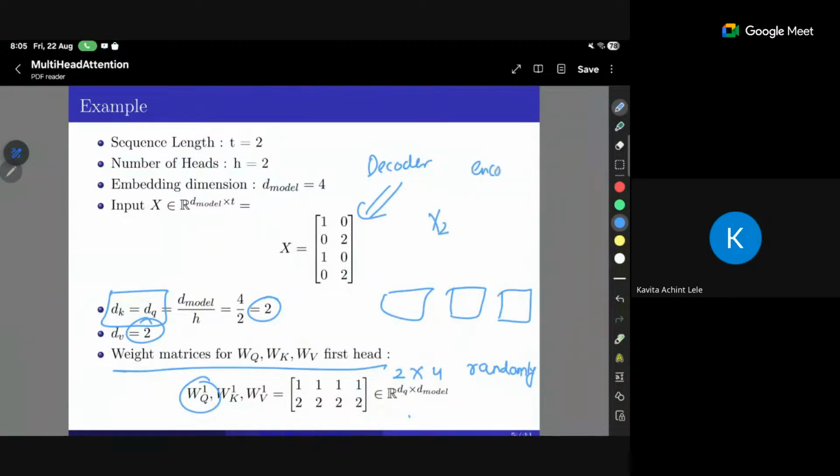Of same dimension, I'll get from encoder also same dimension. And from this, I'm going to produce key and value. From this, I'm going to produce query, or a Q matrix. Capital Q, capital K and capital V. Okay, so these three I'll produce, and then I'll go ahead.